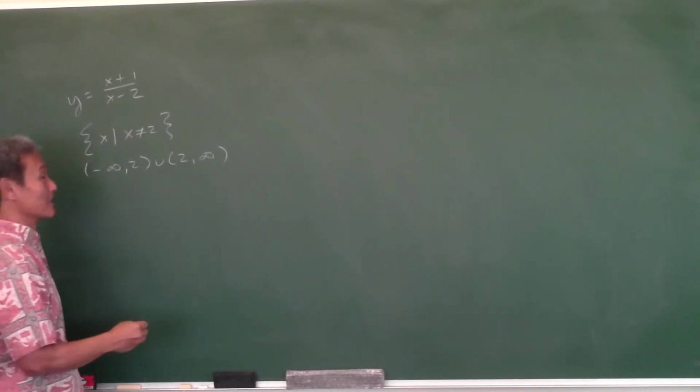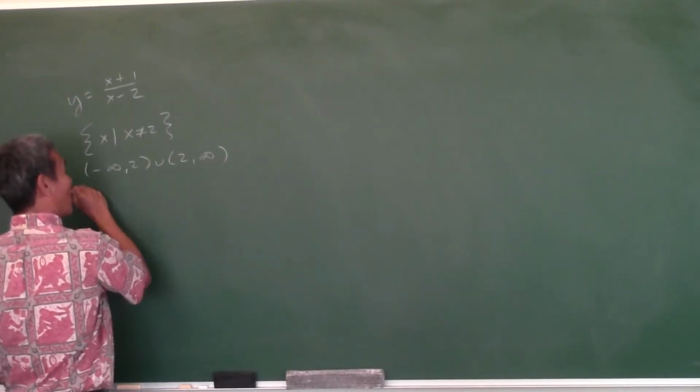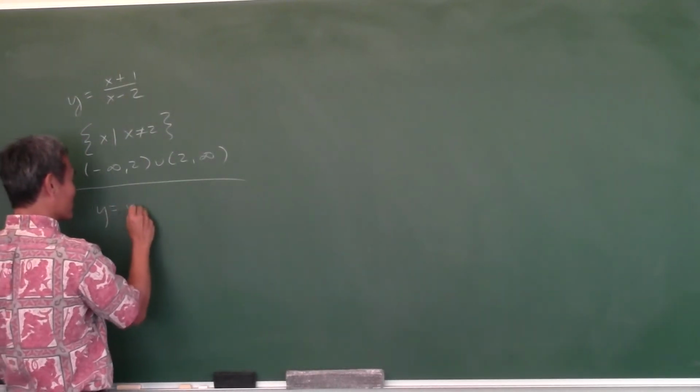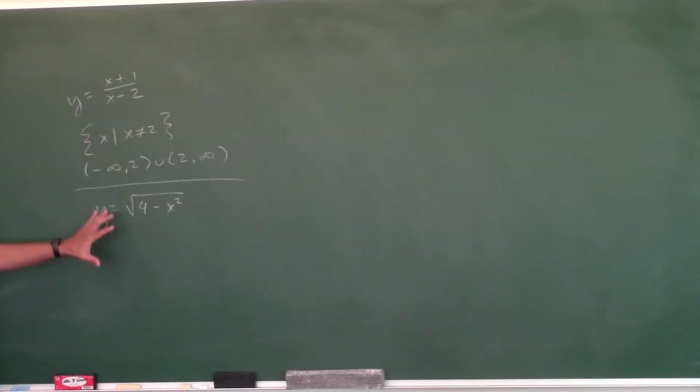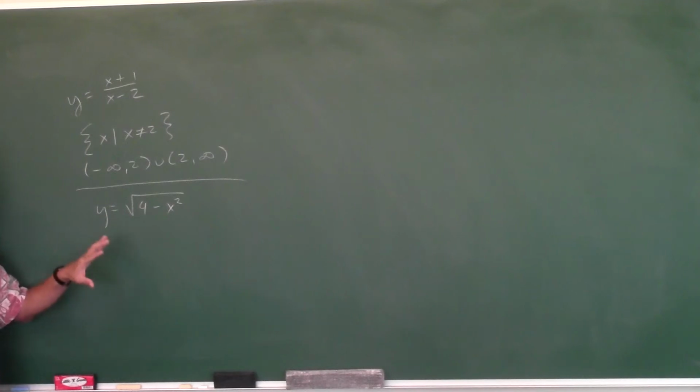Okay, let's make it a little tougher. How about y equals the square root of 4 minus x squared? Before we even go on, this is a graph you're supposed to know. I'm telling you right now, this graph comes up a lot in pre-calculus and calculus. Just like when you see a parabola, you should know it's a parabola already.